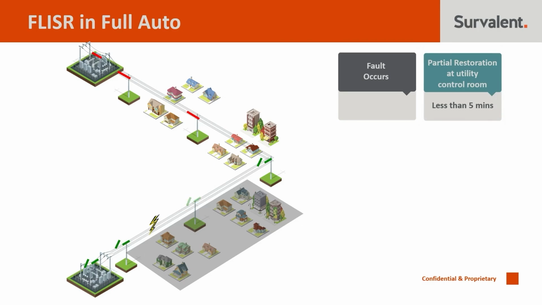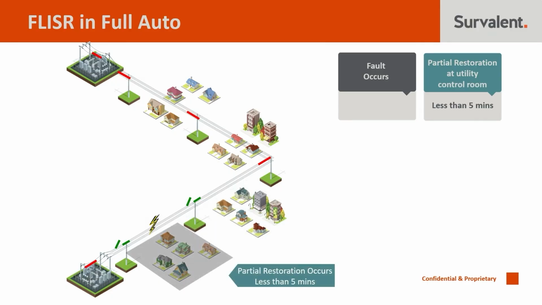So it will automatically partially restore your customers. It will isolate that small section so that other customers that are indirectly affected by the fault will not experience the outage. As you can see here, partial restoration occurs in less than 5 minutes.